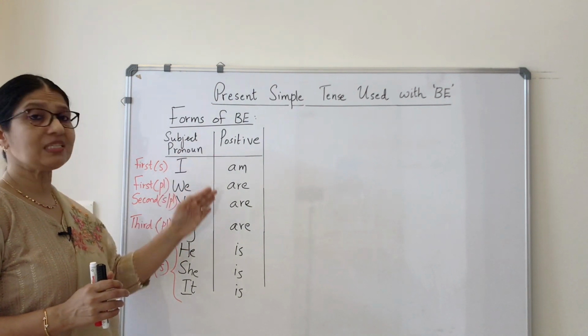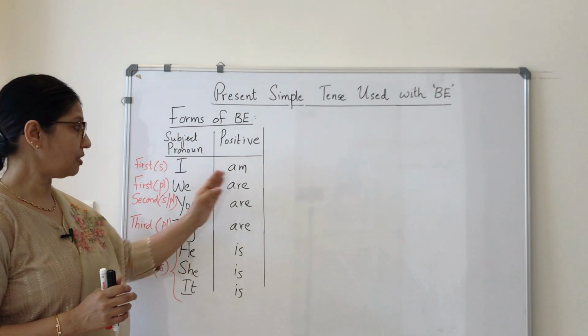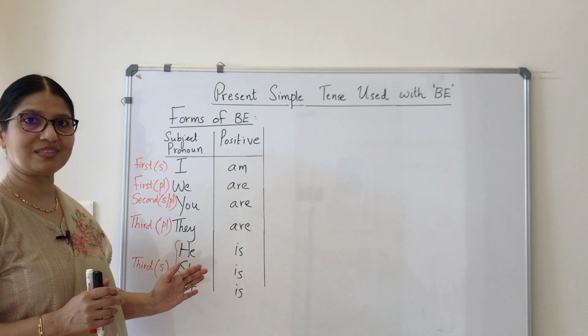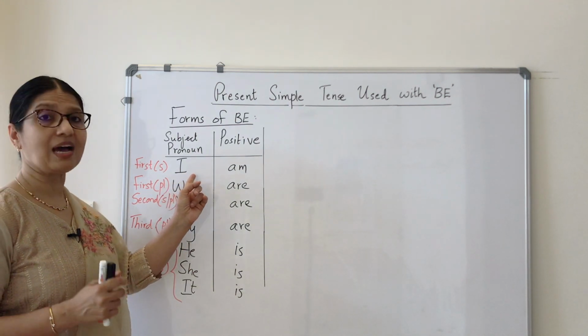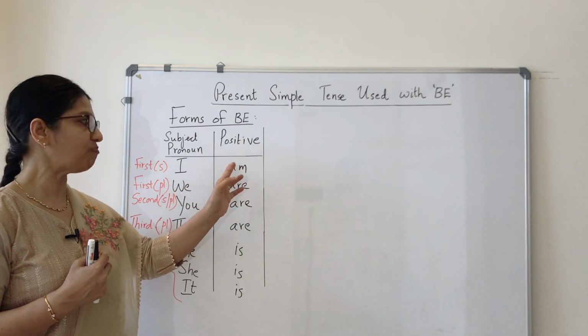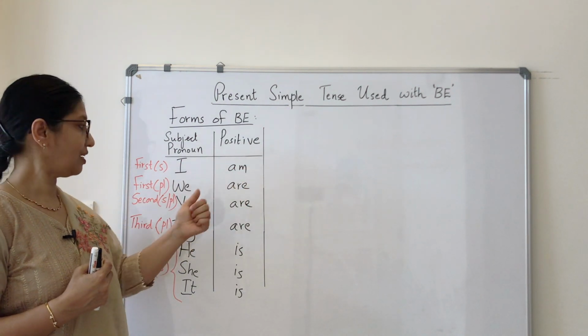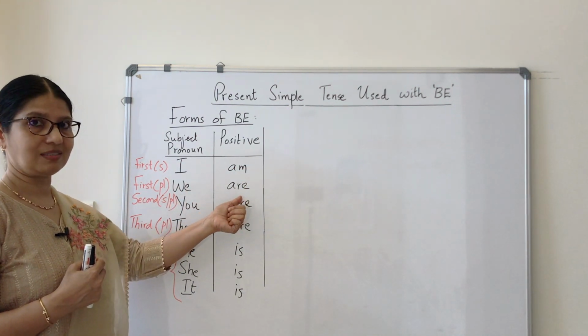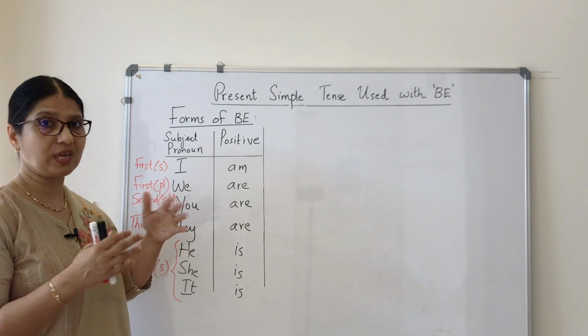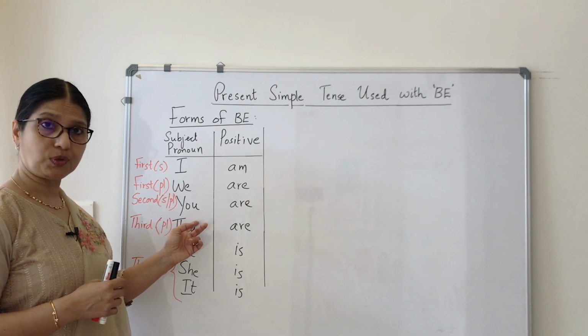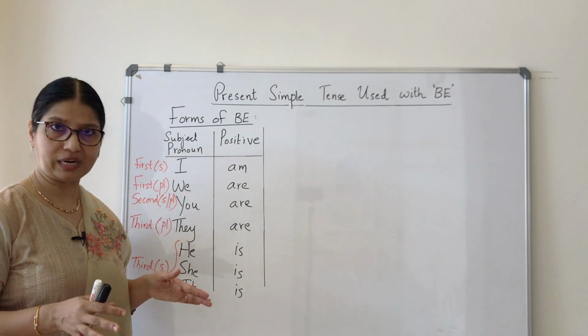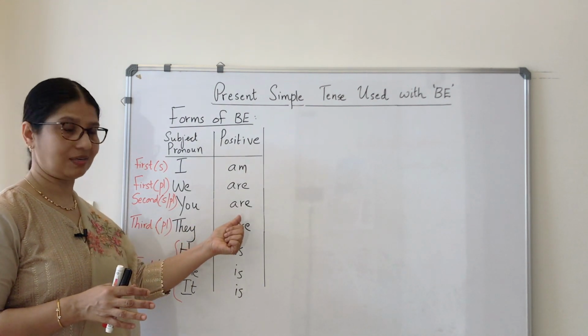But see how be changes when it appears with different subject pronouns. With I, we say I am. We don't have be anymore, I am. We are. We is plural, so we say we are. You, whether it is singular or plural, we say you are.